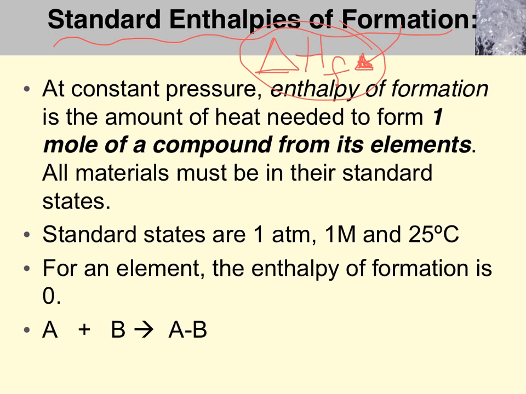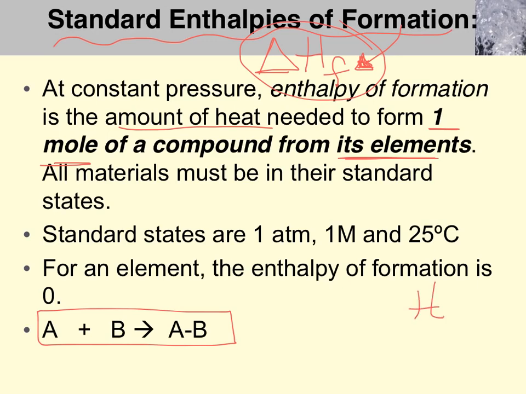The definition for enthalpy of formation is the amount of heat required to form 1 mole of a substance from its elements. Here's the generic equation. But if I asked you to write an equation that represented the heat of formation for water, look back at this definition and let's see what we would be doing.